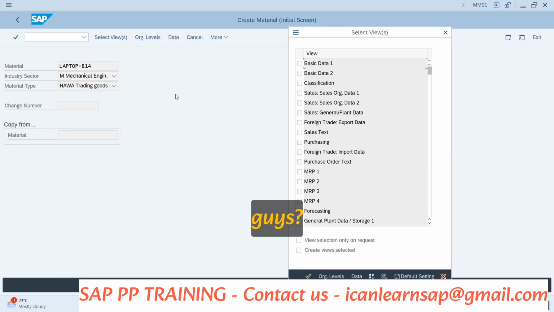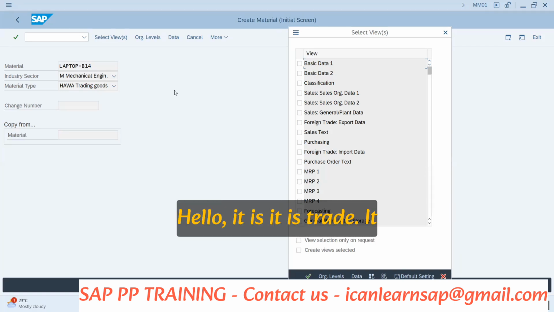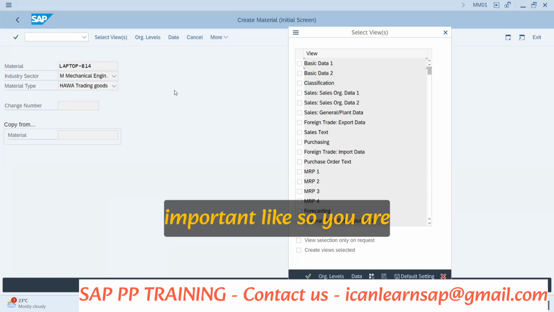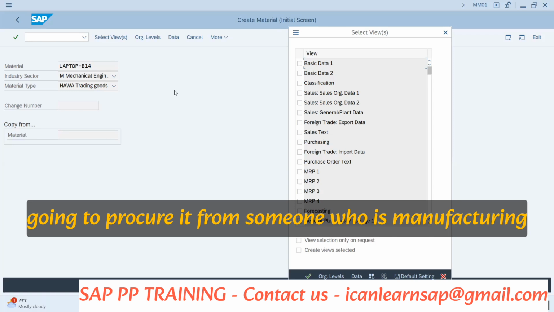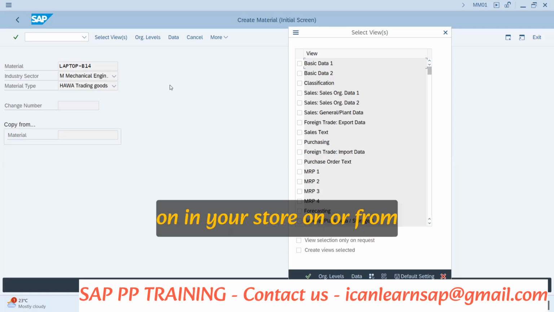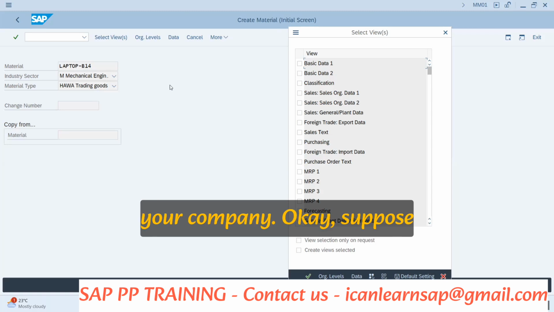Trading goods means what, guys? It is trade, which means export and import. You are going to procure it from someone who is manufacturing the product, and you are just selling it in your store or from your company.